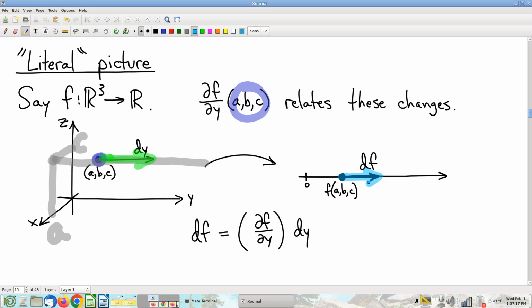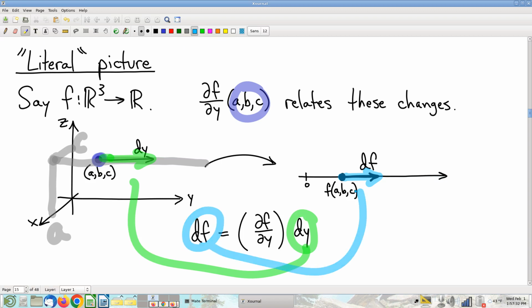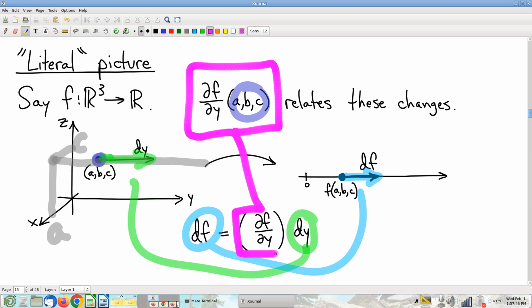So we have an input change, we have an output change, and one of the interpretations we have from single variable calculus is that a derivative is a relationship between input changes and output changes. Right? In this case, and this again is just a recall from single variable calculus, the single variable derivative is the thing that you multiply times your input differential to get your output differential. Right? That's just a recall from single variable calculus.